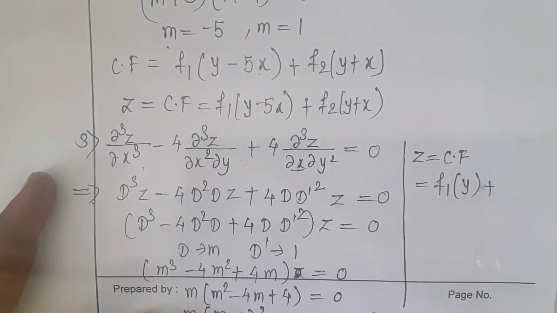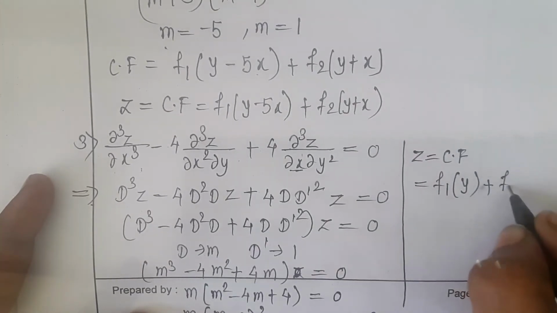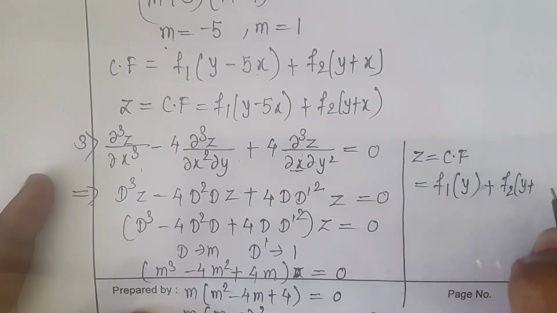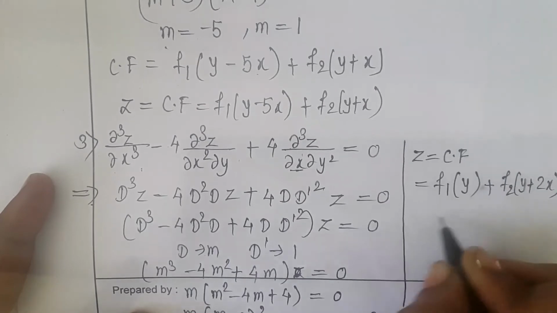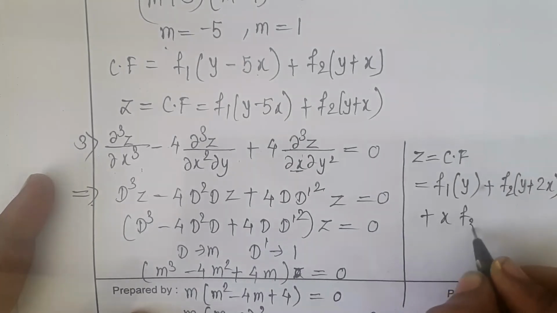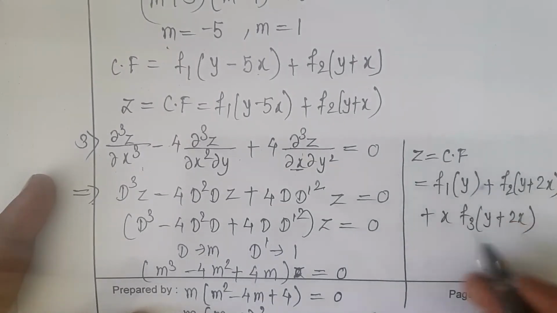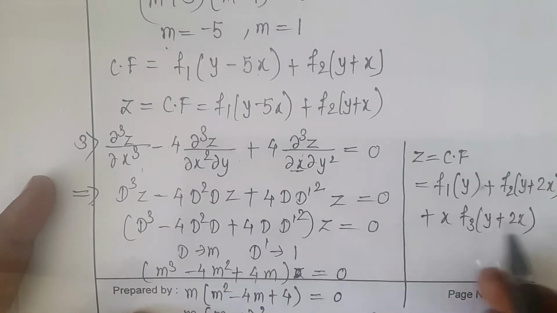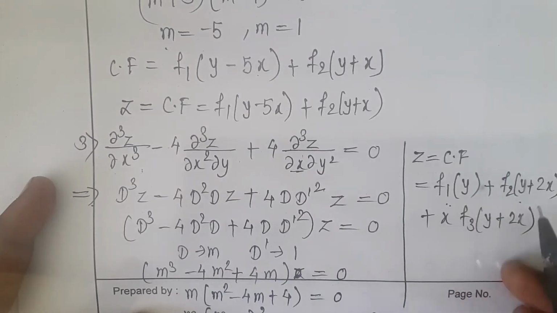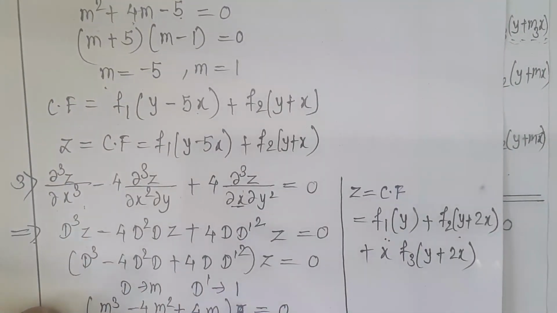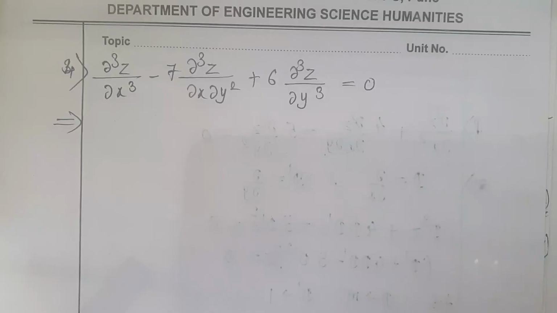So for the next 2 roots being equal, we write f2 of y plus 2x plus x times f3 of y plus 2x. So in this way we can write for repeated as well as non-repeated roots. Non-repeated first, and the last 2 are repeated. So in this way we can write the CF or solution.